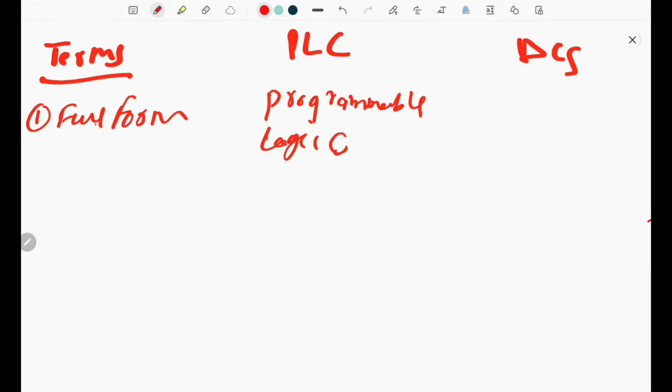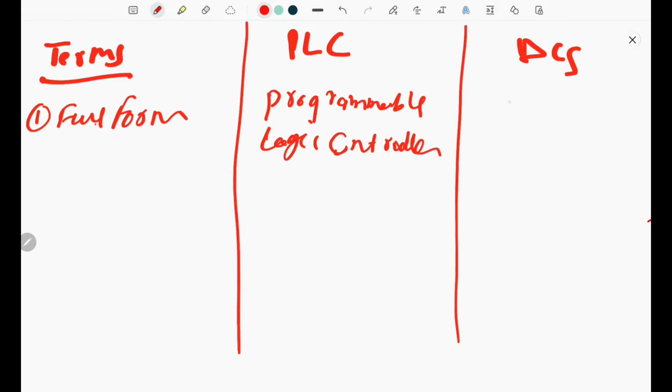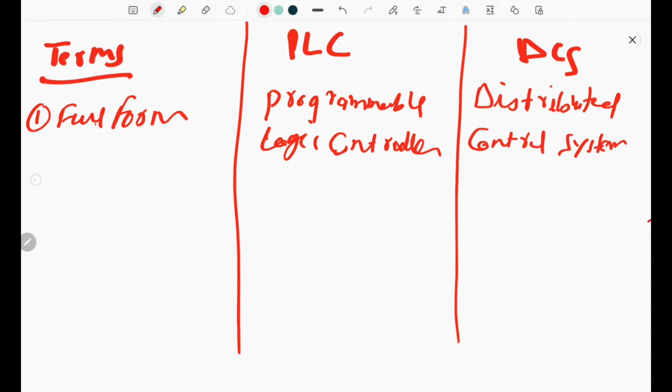And very important, what is the full form of the DCS? Some say discrete control system, some say digital control system, but the full form is distributed control system, because all the control is distributed. So that's why this is called the distributed control system. So this is the first point.